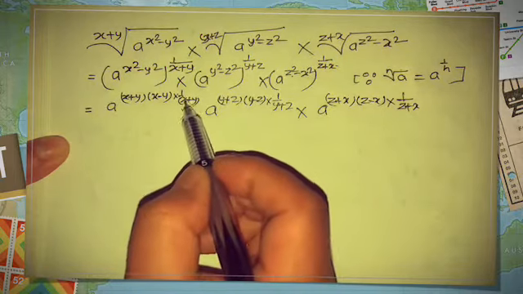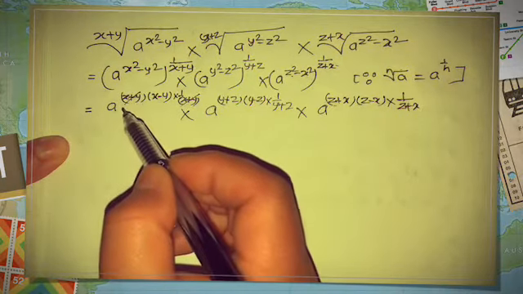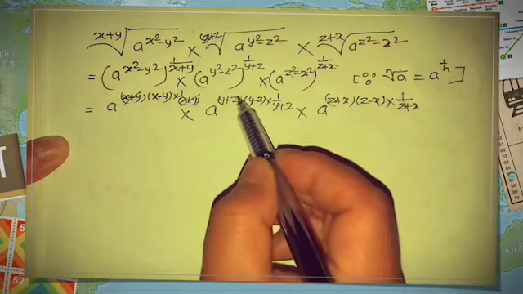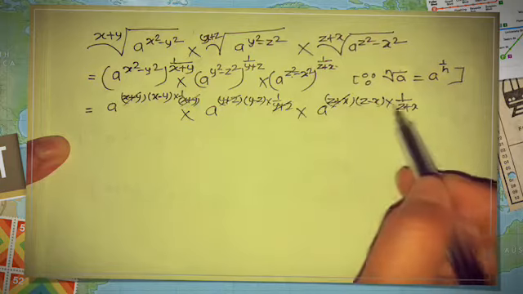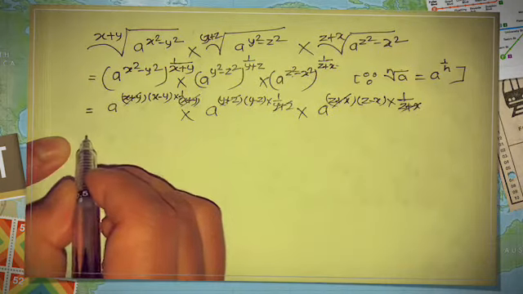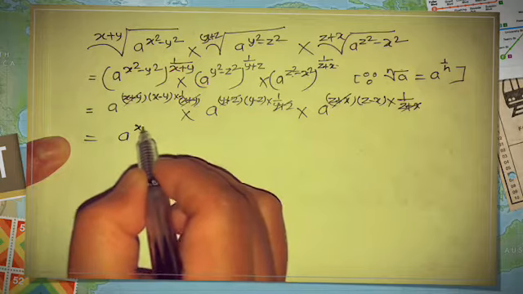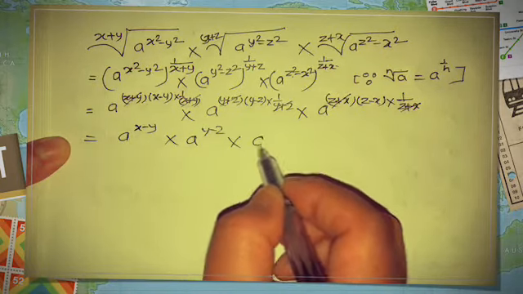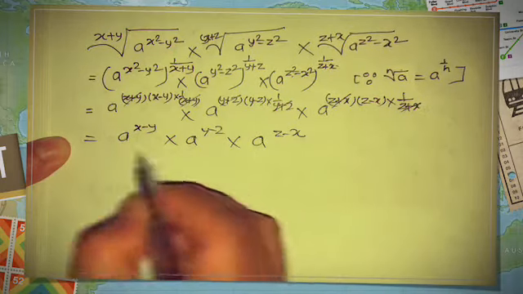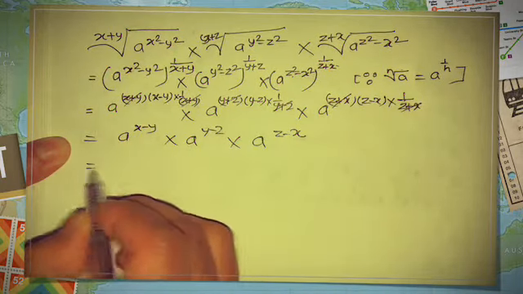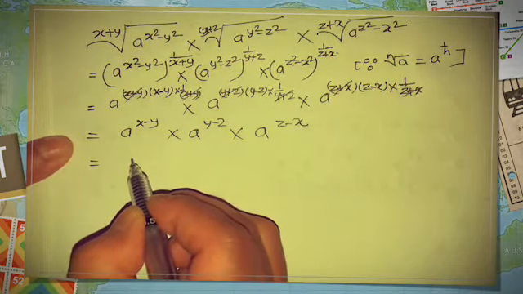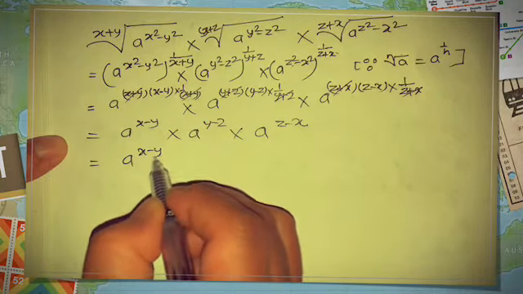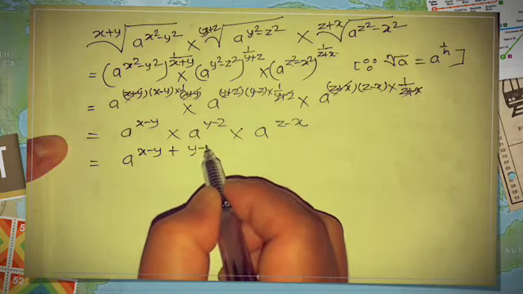Now look at here, what I have, x plus y, numerator and denominator, they cancel, and this denominator and this numerator cancel, this also will cancel. Now what will appear: a to the power x minus y, a to the power y minus z, and a to the power z minus x. The bases are the same, so by using the law of multiplication, the powers will be added.